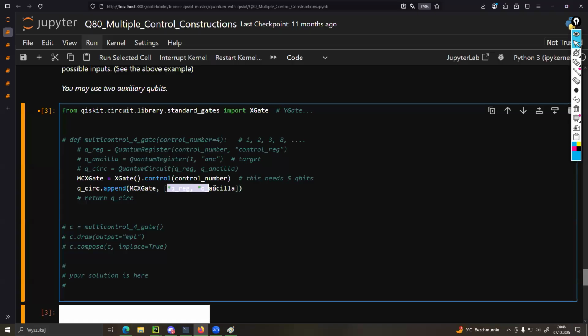Because what I pass in is a list of qubits in order. So the first qubits will be control qubits, and the last qubit, this was a quantum ancilla actually, will be the target.